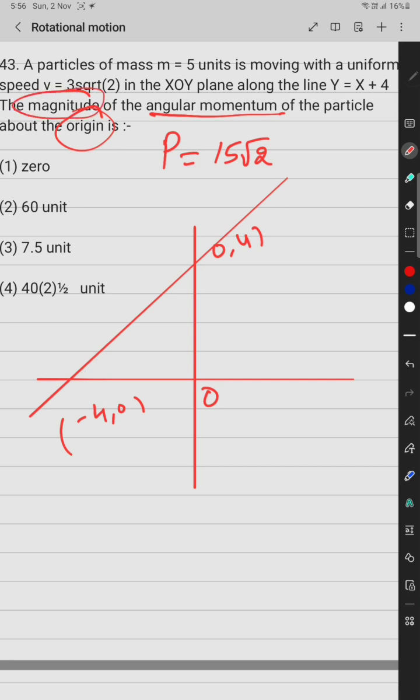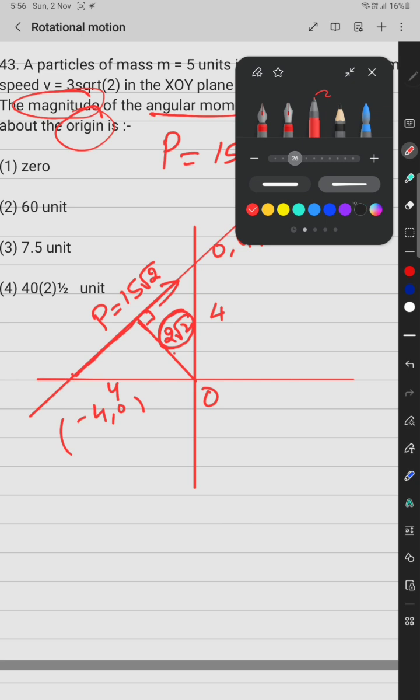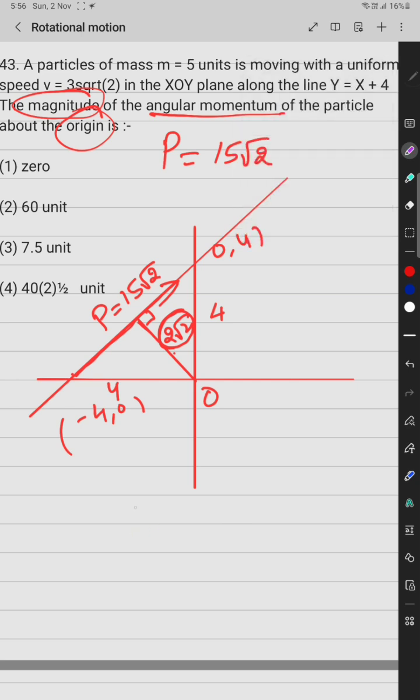The linear momentum along this line is p, which is 15 root 2, and the perpendicular distance from the origin: the hypotenuse is 4, so the perpendicular distance is 2 root 2. So the angular momentum L is equal to 15 root 2 multiplied by the perpendicular distance, 2 root 2.